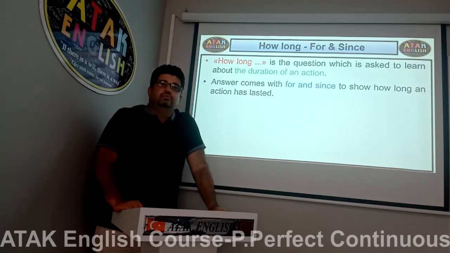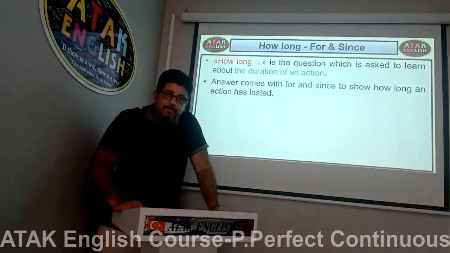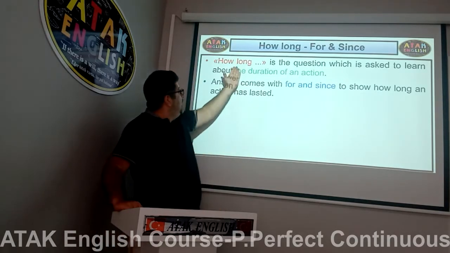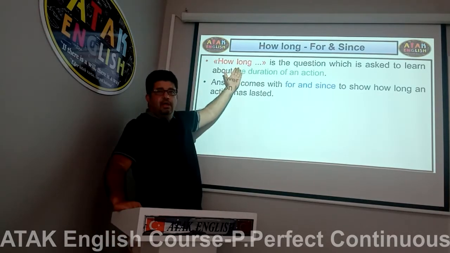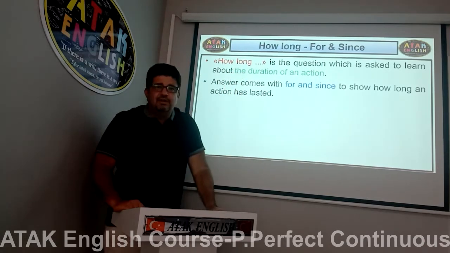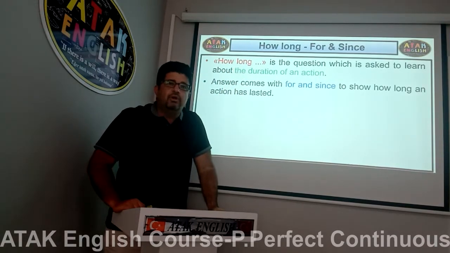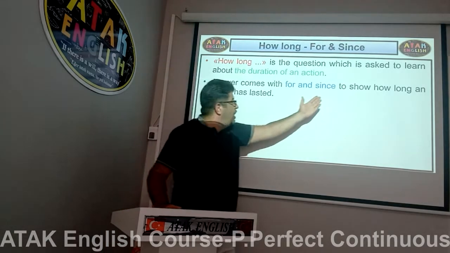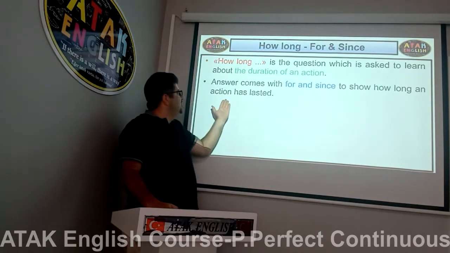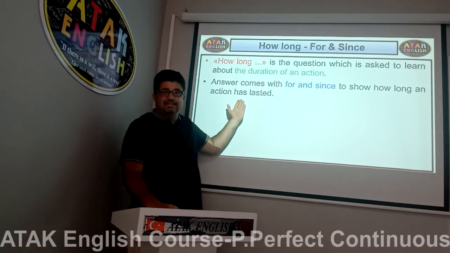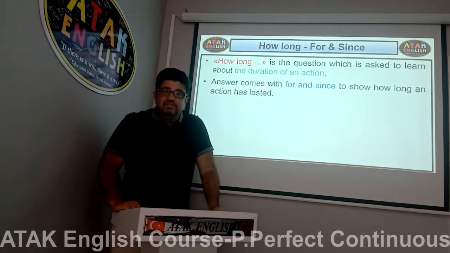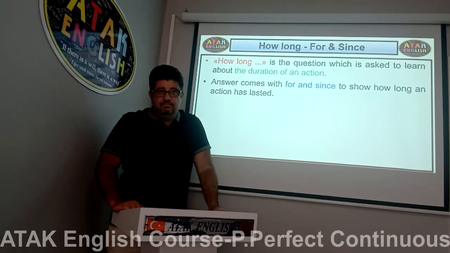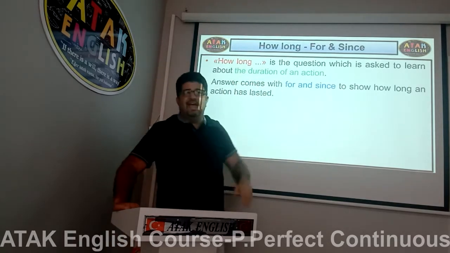So if a question comes up with how long, how do I answer? I answer with for or since. What for? To show how long an action has lasted, which means the duration of a time or the duration of an action.